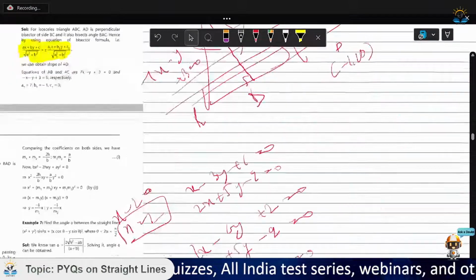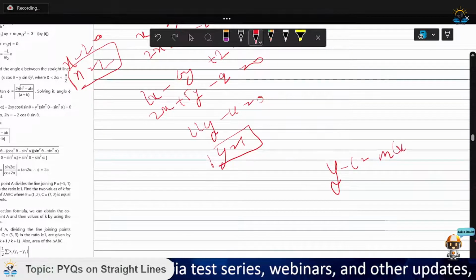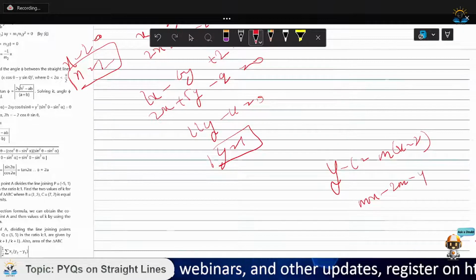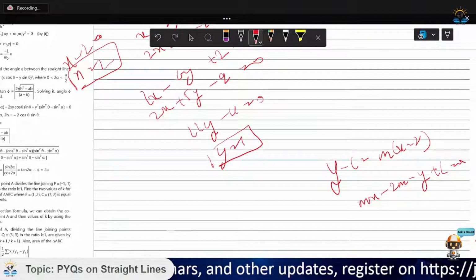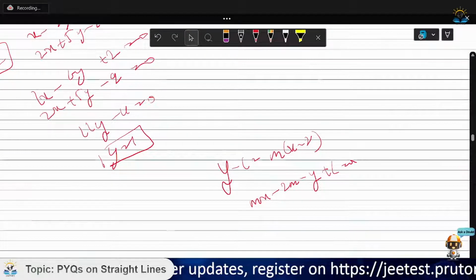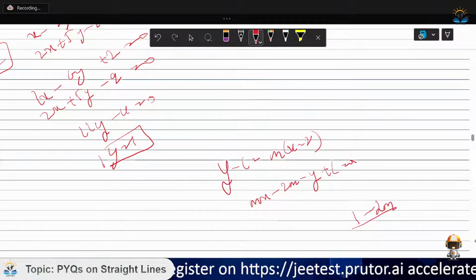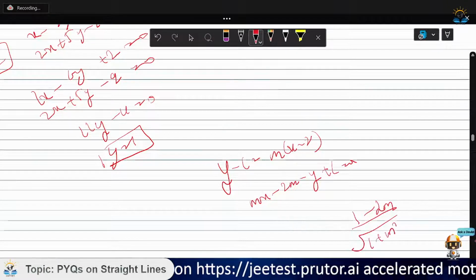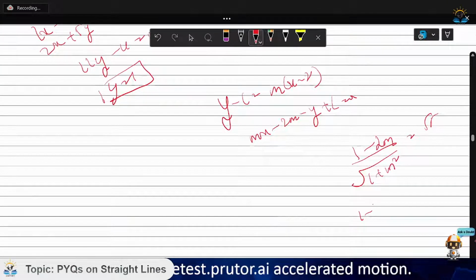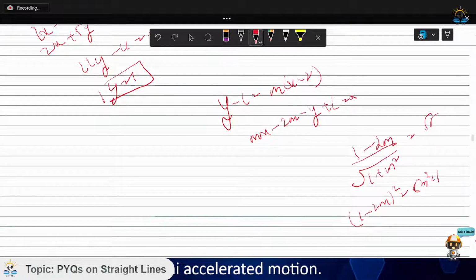So the equation becomes, sorry, y minus 1 is equal to m(x minus 2). This gives me mx minus 2m minus y plus 1 is equal to 0. And the distance from the origin is root 5. So it is (minus 1 minus 2m) over root of (1 plus m square) is equal to root 5. Taking a square, I get (1 minus 2m) whole square equals 5m square plus 5.